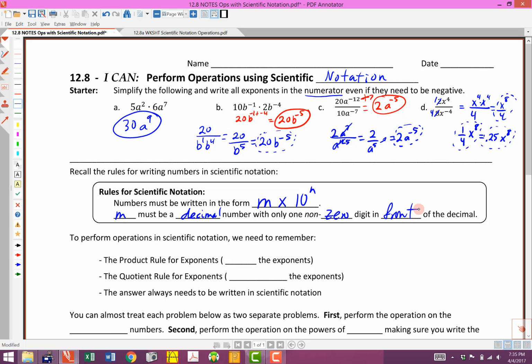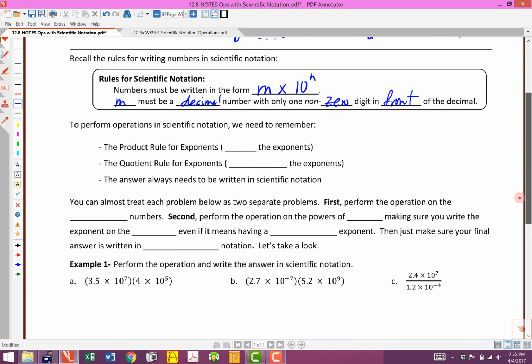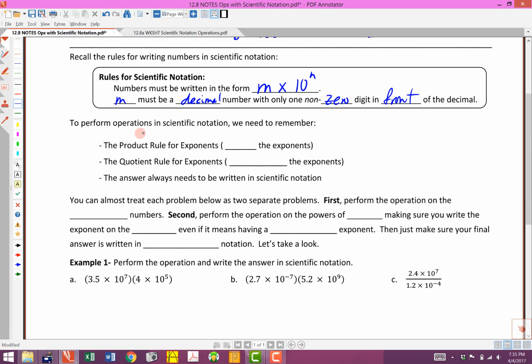of the decimal. If you've practiced section 12.7 and worked with scientific notation a little bit, you remember how that works. We are going to do a couple of those here in just a second, but I do want to remind you that when we perform operations with scientific notation, we're going to use the typical rules that we've worked with in any other exponential expression.